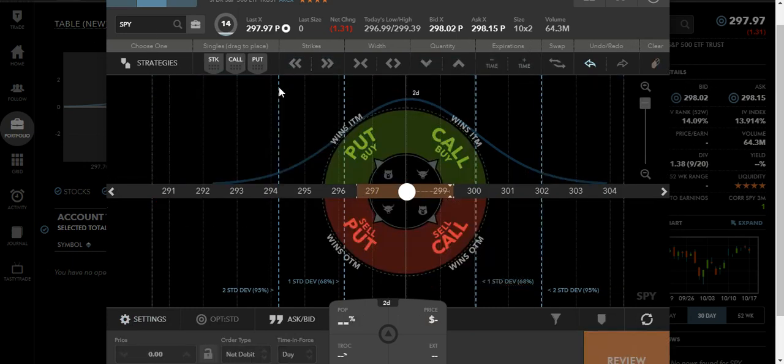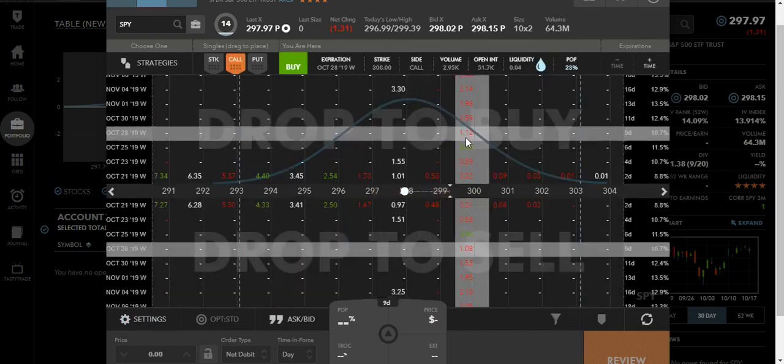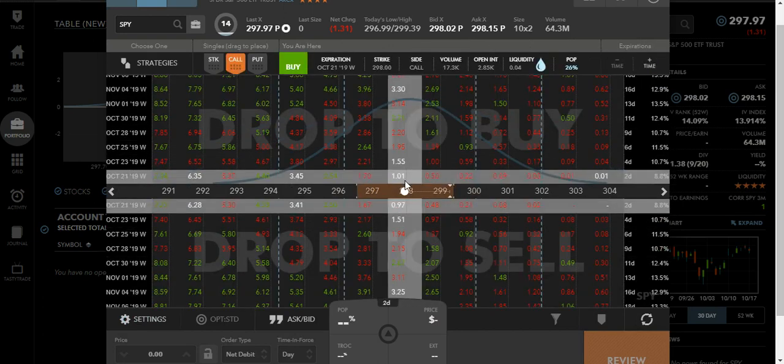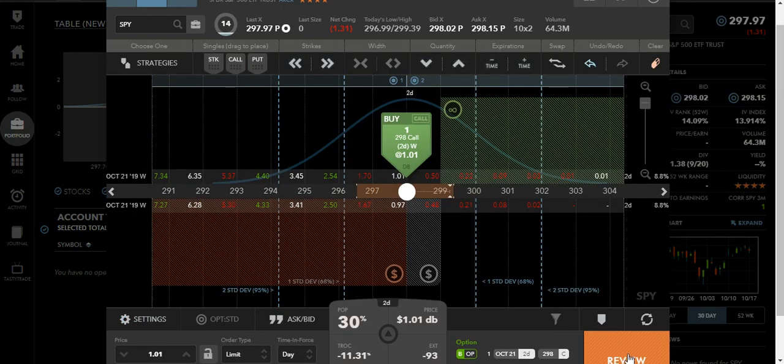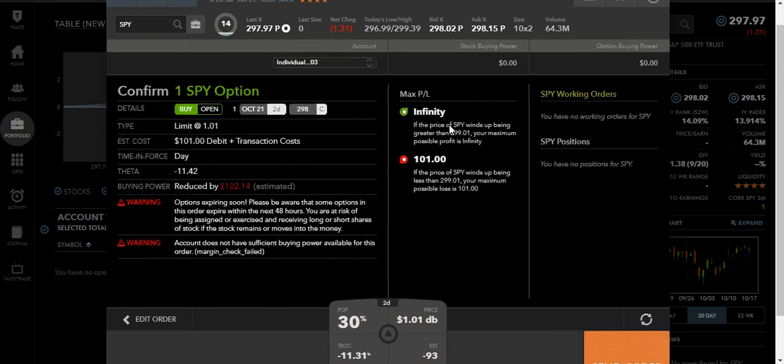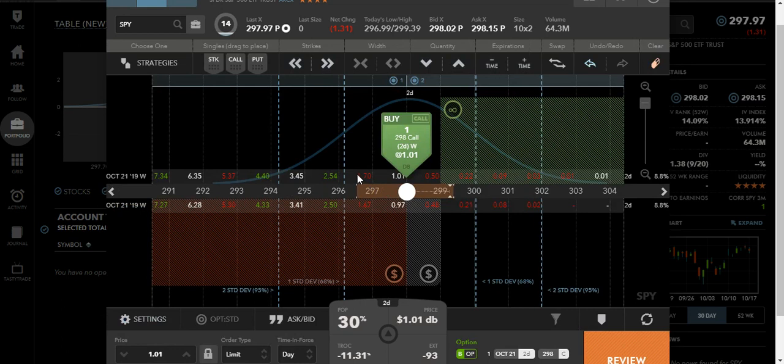If we clear this out and we buy a call at the money, our max profit is going to be infinity because this stock can go infinitely high. So the only advantage to buying naked calls or puts is there is no cap on the profits.